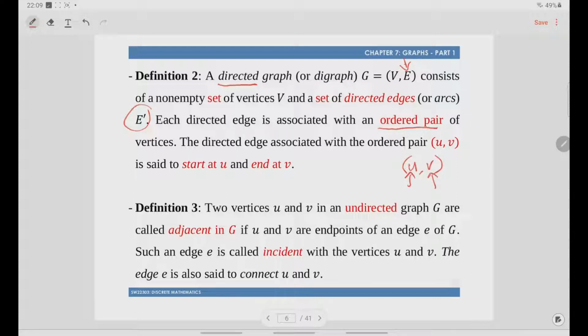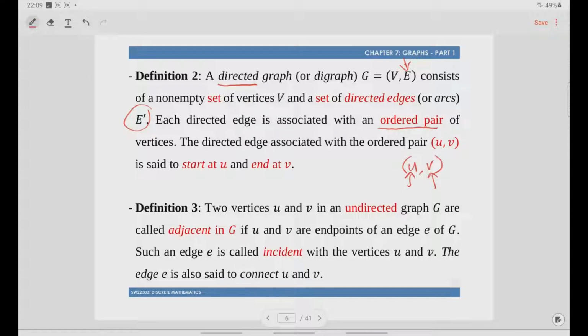The order is important because from the order we can know which point is the starting point and which one is the ending point. So from the parenthesis (U, V), we know that it starts from U and ends at V.